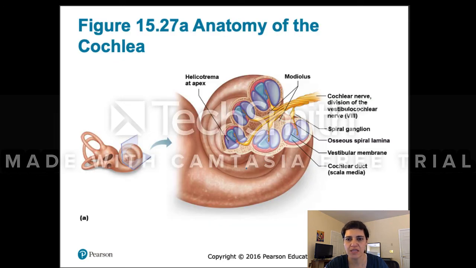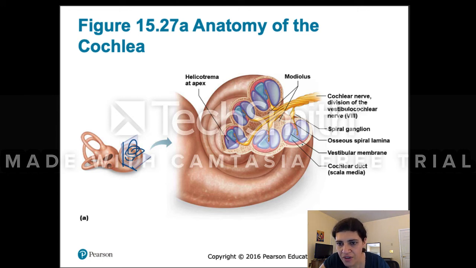So this is the snail, the cochlea, right? That looks like a snail. If you cut a slice here, you're seeing the inside of it. You see how you're cutting one piece here and one piece here and taking all this whole piece out? So you're taking like a slice out so you can see what's inside.